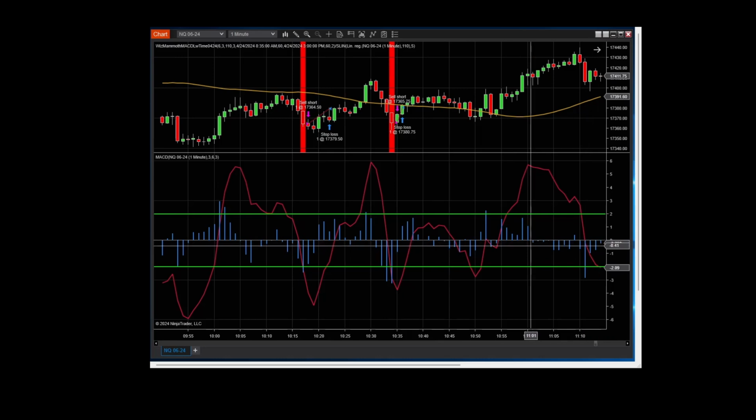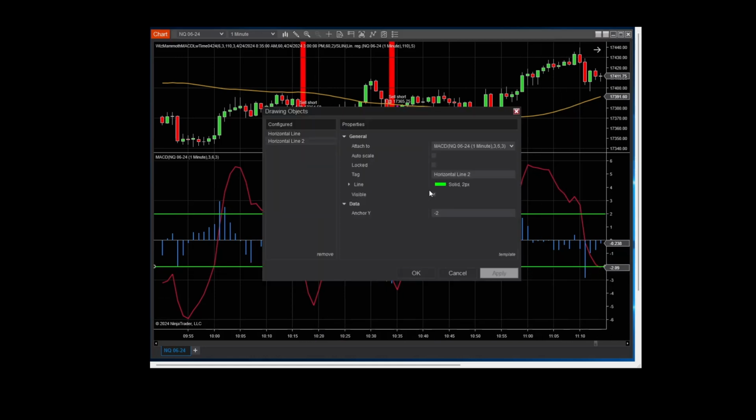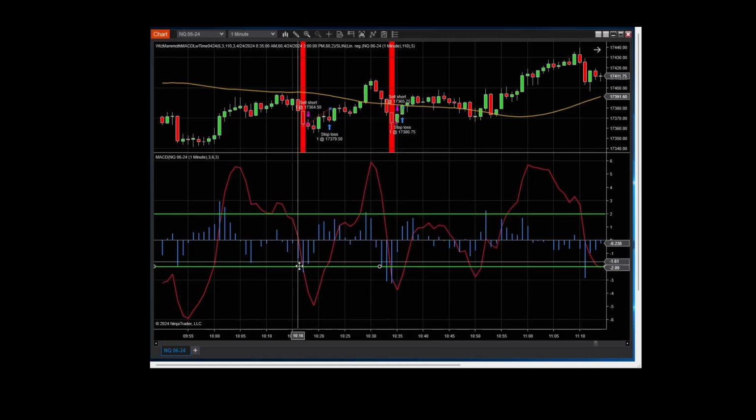This is the zero line of MACD. And this green line, which is a threshold, is set at -2. So once the diff line dips below -2, and then the average line is below zero, which is right here.